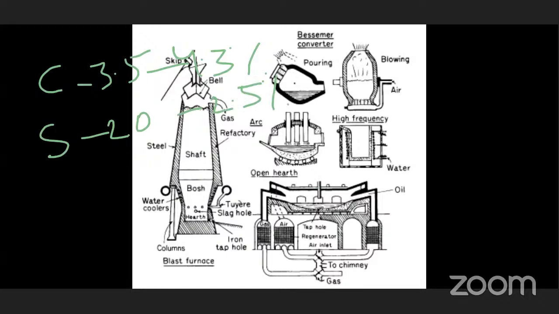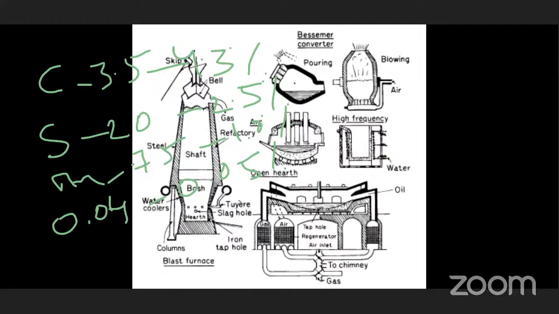Manganese 0.75 to 1%. And the mixture of sulfur and phosphorus 0.04 to 0.05%. So these are the main compositions of our required pig iron.